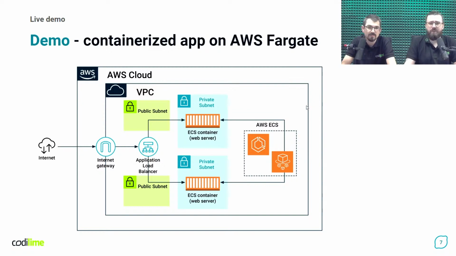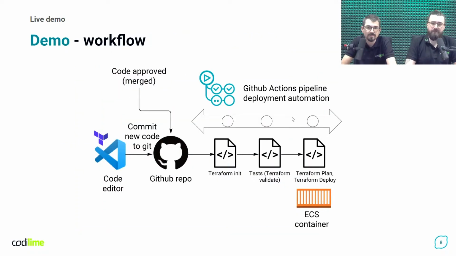During this demo, we will introduce small changes to the initial infrastructure to present how easily we can scale the infrastructure when needed. For the purpose of this demo, we selected Terraform, which is a multi-cloud infrastructure as code solution. The code defining the infrastructure is stored in a version control system.